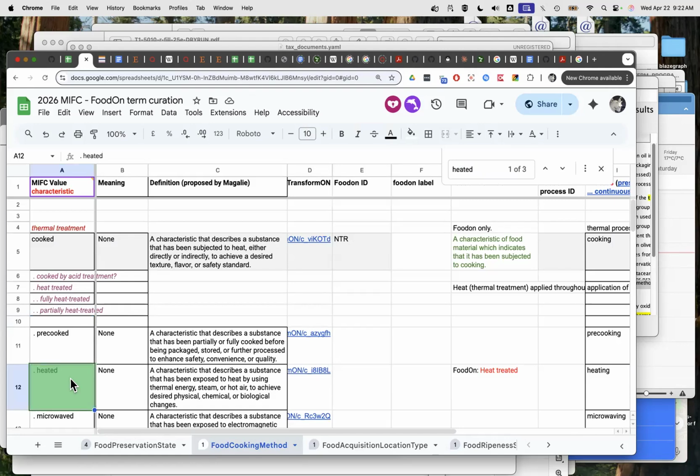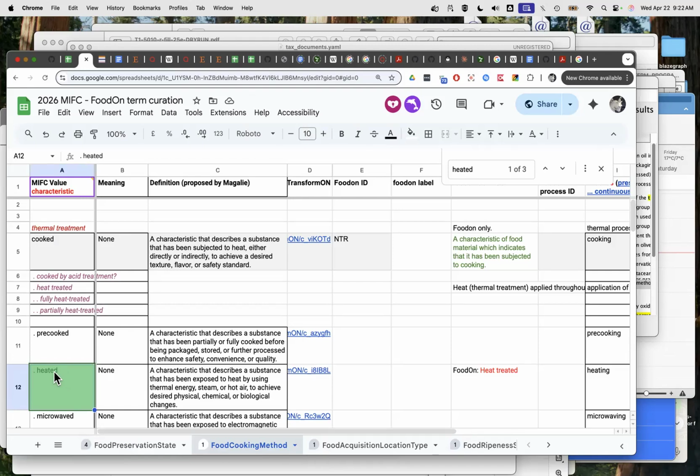All right. So heated does, because cooked doesn't commit to the degree of cooking, heated can cover, like, for context, where this is coming from within USDA is things that are probably already cooked and then were reheated.